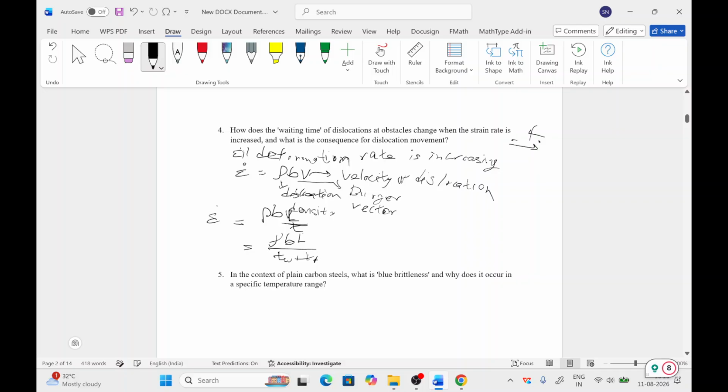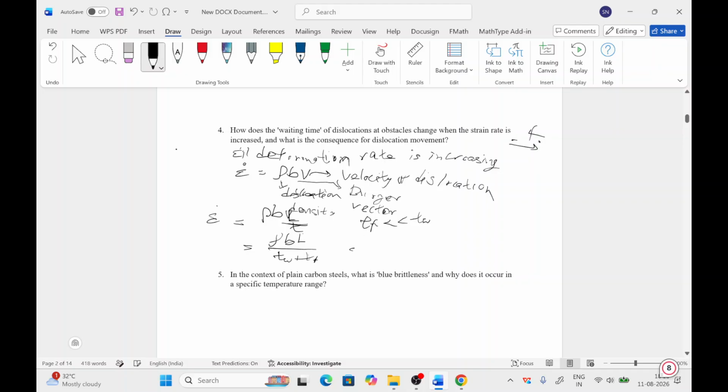Flight time is the time when the dislocation moves. Waiting time is generally larger than the flight time, because during flight the dislocation moves fast. So t_F is very much less than t_W. Waiting time is larger than flight time.